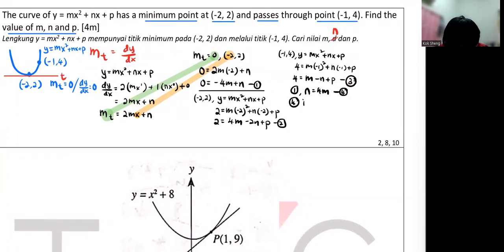So sub in into second and third. Okay, n sub into second. 2 equals to 4m minus 2n plus p.